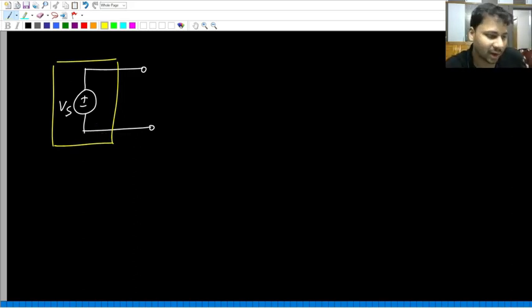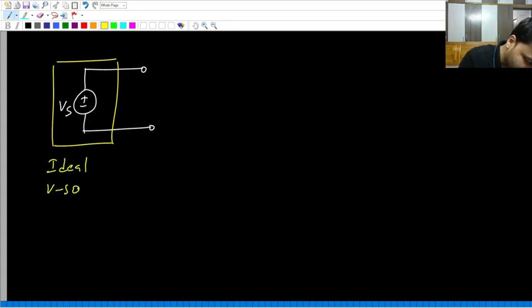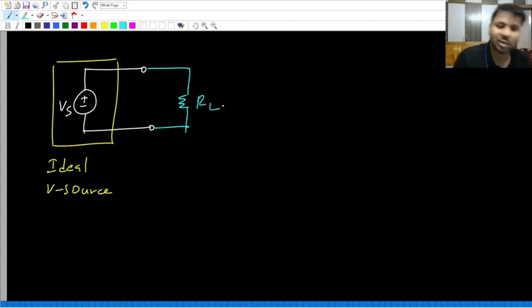And why is it ideal? Because there is no resistance in series with the voltage source inside the box. So definitely it is an ideal voltage source.